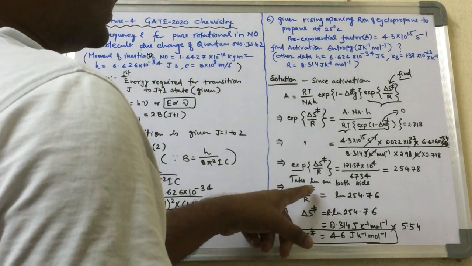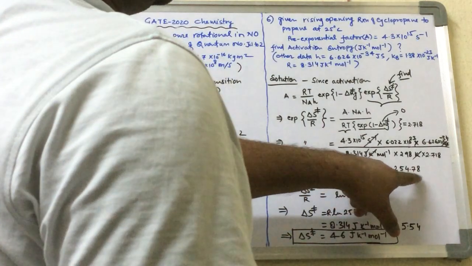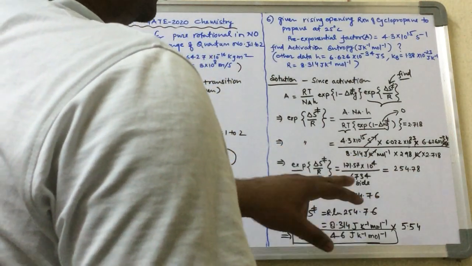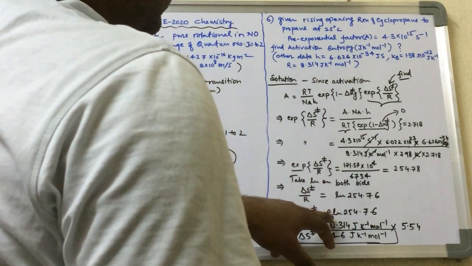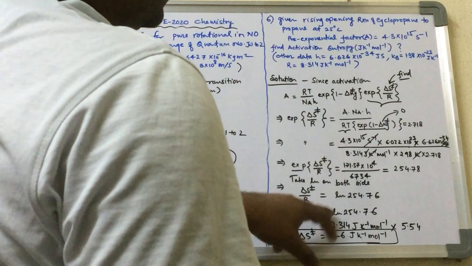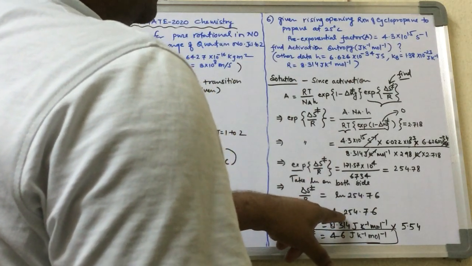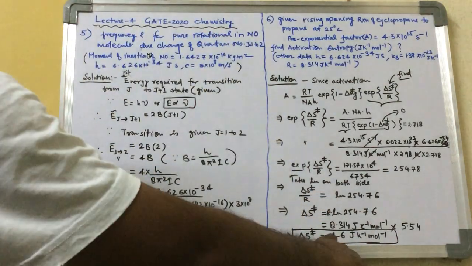So delta S activation upon R is equal to ln of this value. Now this term goes to the other side and multiplies, so you will get delta S activation. You know R is the gas constant, put the R in and put the ln 254.75, you will get this answer.